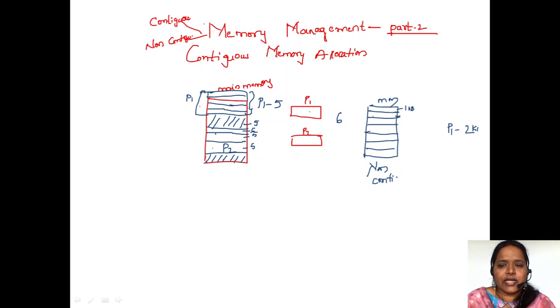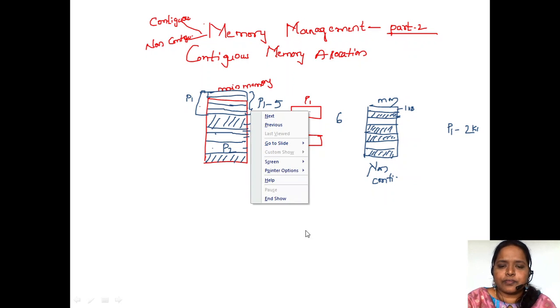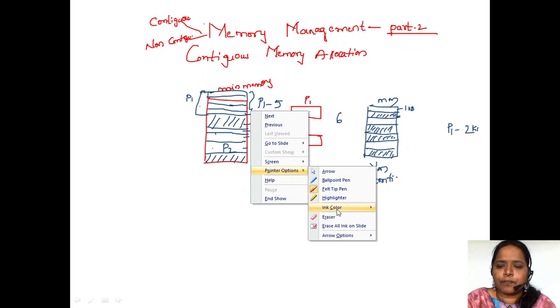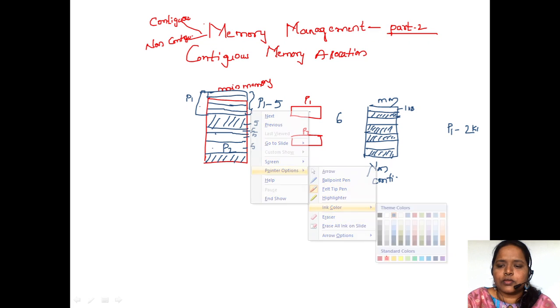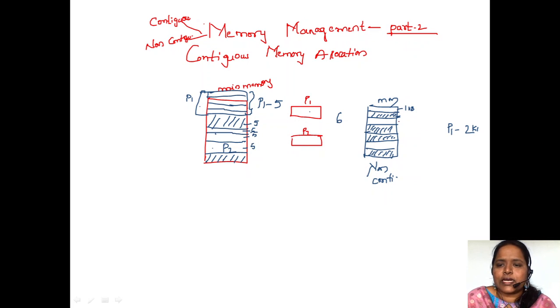Here only 1 KB is free, but the next ones are filled, already occupied. So these are the empty spaces, these are empty. We call these holes.